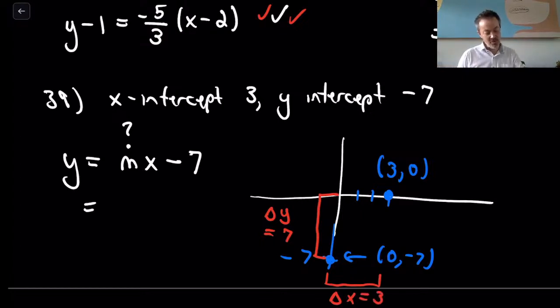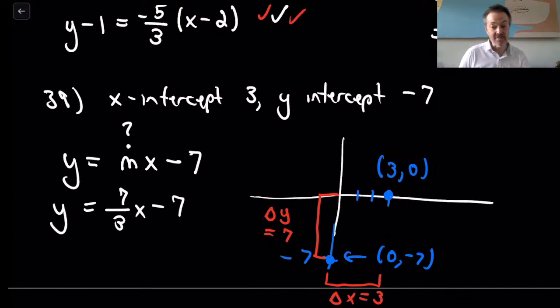So my slope, change in y over change in x, is 7 over 3, and the y-intercept is -7. And ooh la la, once again, we have the equation of our line. I'm spending quite a bit of time on lines because things turn back into lines, okay?